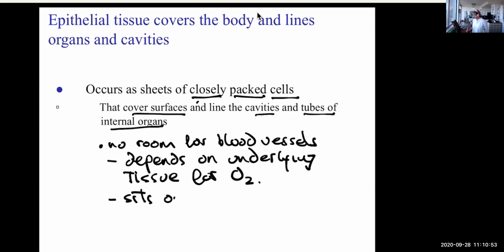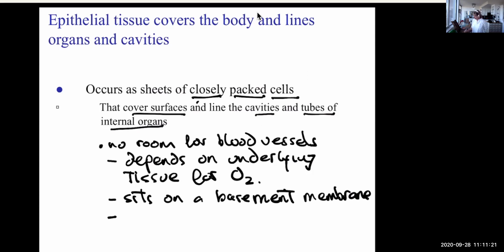Epithelial tissue sits on a basement membrane, it's called. It's just a basal surface of cells, a surface of cells that can anchor to other cells.